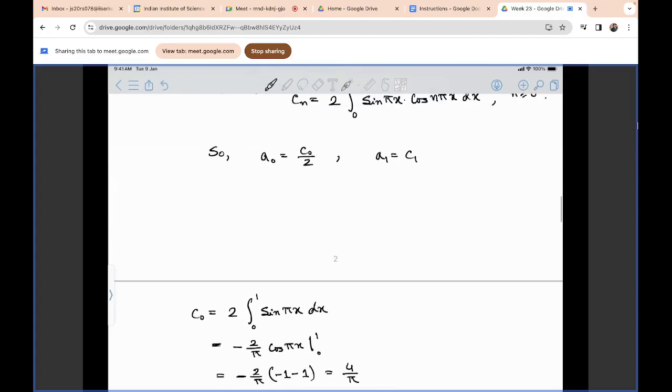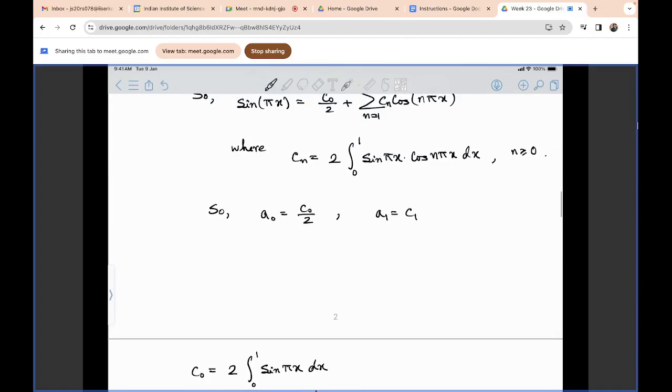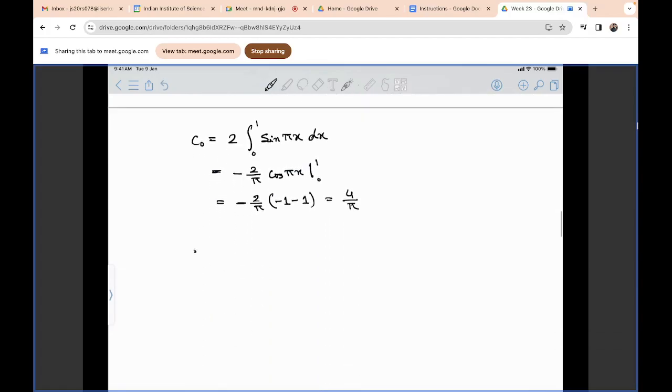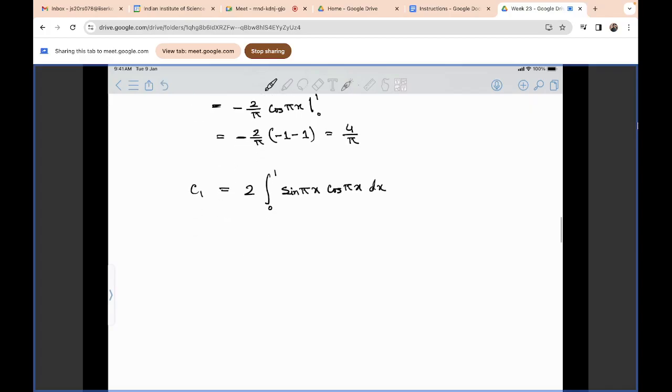So this is c0. Now let's find what is c1. c1 is 2 times integration 0 to 1 sin pi x cos pi x dx, with n equals 1. This you can write using 2 sin x cos x, so it is integration 0 to 1 sin 2 pi x dx.